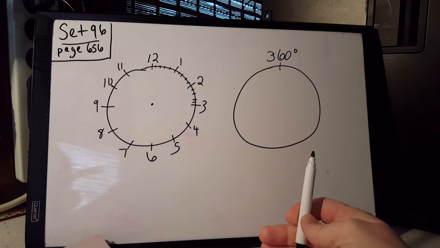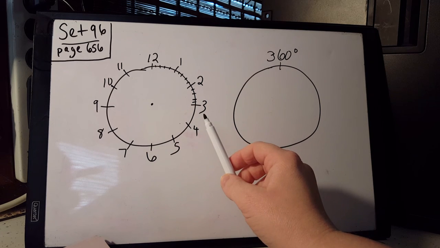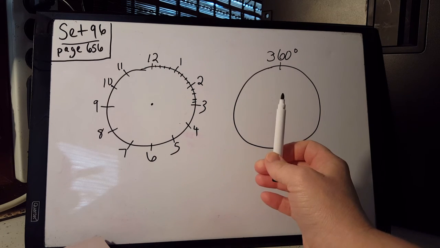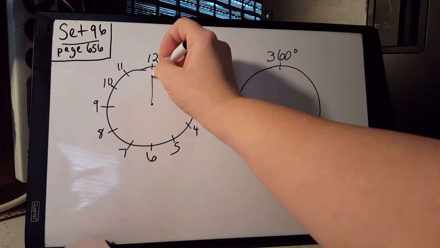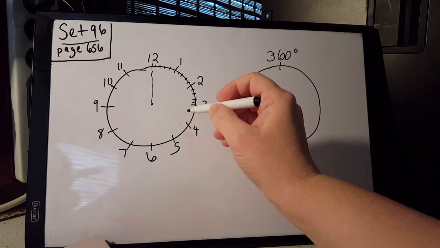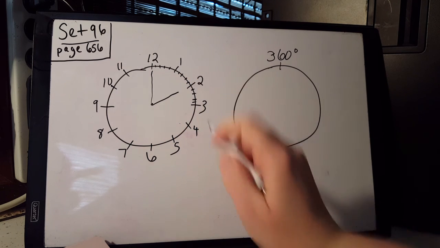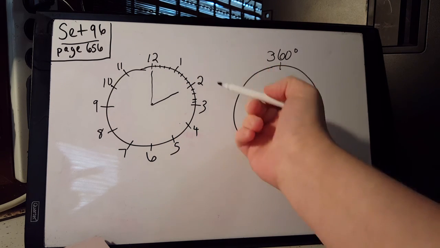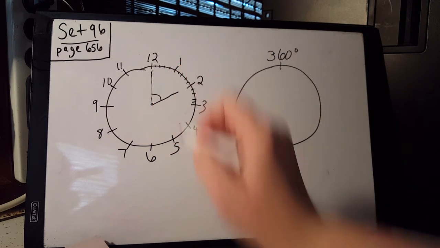So when we look at that, we can do some dividing to figure some things out about a clock. For example, if you had the minute hand pointing towards the 12, and you had another hand pointing towards the 2, we know, of course, that's 2 o'clock. But if somebody said, well, how many degrees is this angle right here?